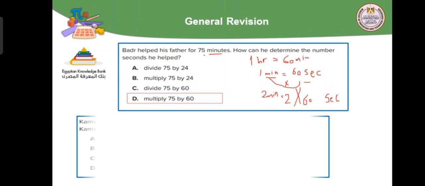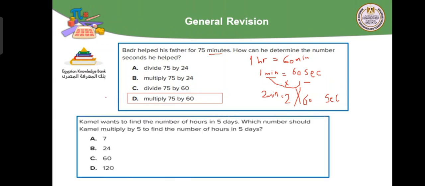Then, Kamil wants to find the number of hours in 5 days. Which number should Kamil multiply by 5 to find the number of hours in 5 days? He asked about the number of hours in 5 days. Well, how many hours in 1 day? 24 hours.